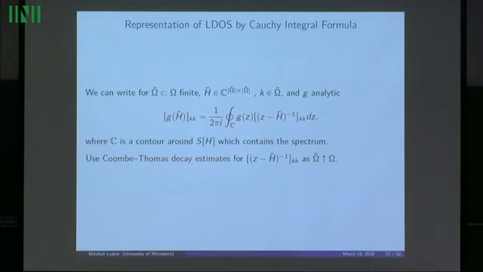Okay, so let's remember. Omega was our full set, all the lattice points on both layers, and omega tilde was a finite subset of that. Suppose again G is analytic here.